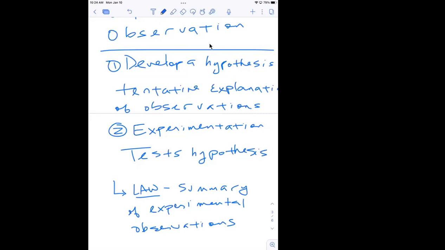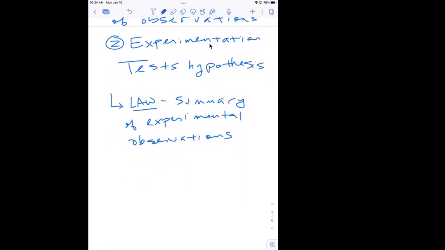So you test your hypothesis, and from those tests, you develop laws, and you can also develop theories, right? A theory is an explanation for an observation that is reproducible, right?